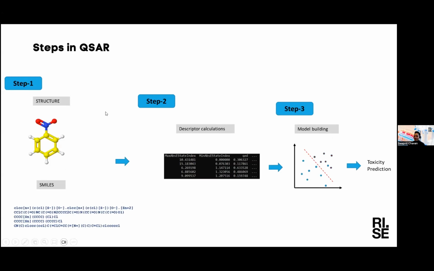This is how, in the current world, traditional QSAR modeling is done. The chemical structures, either in the form of a mol file, an SDF file, or a SMILES notation, are used and fed to software where these SMILES or structures are converted to numerical values, and these numbers are called descriptors.